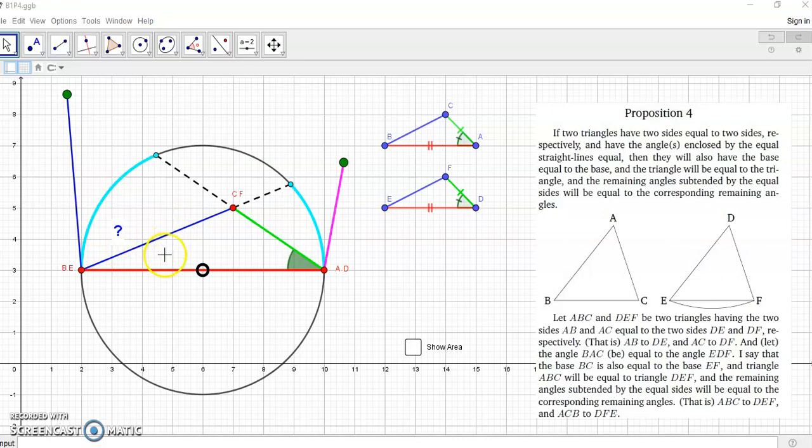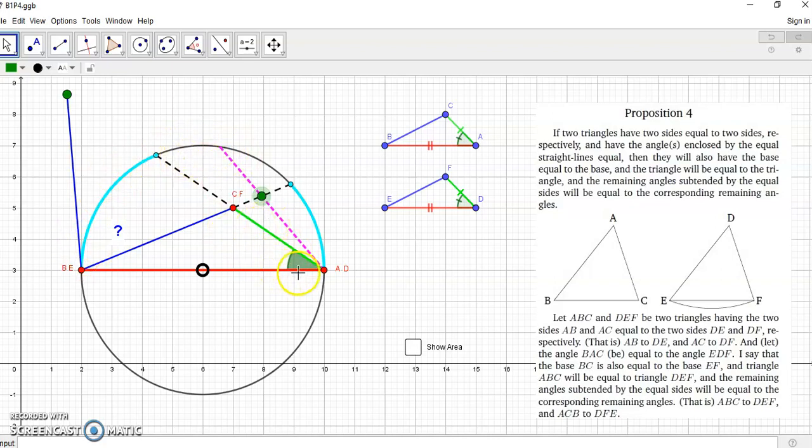Well, let's examine this. Okay, so now if they were not equal, right? This is my proof now, not Euclid's proof. If they were not equal, then this angle here, which they have in common, would be subtended on a longer arc, okay?